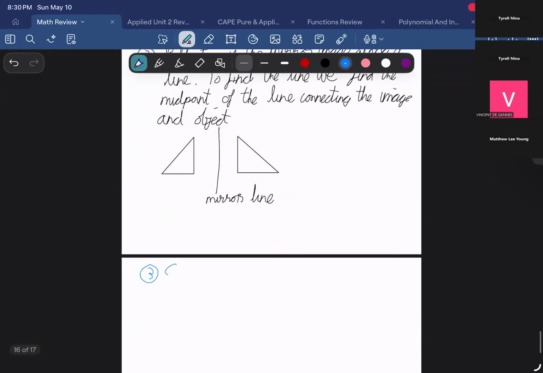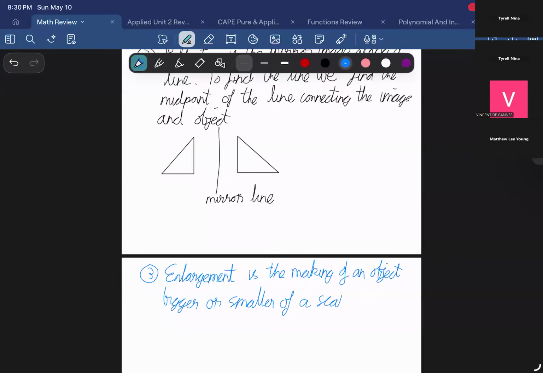Three, enlargement is the making of an object bigger or smaller by a scale factor, right?